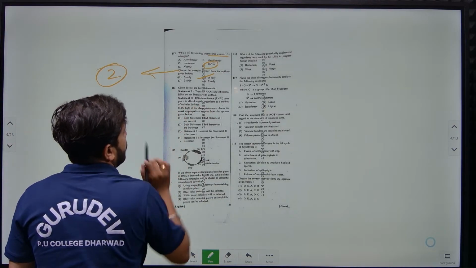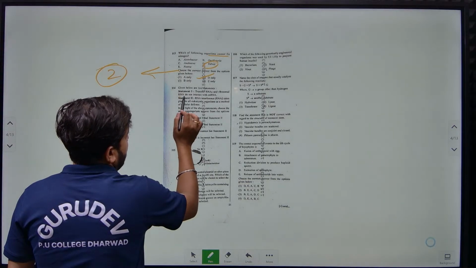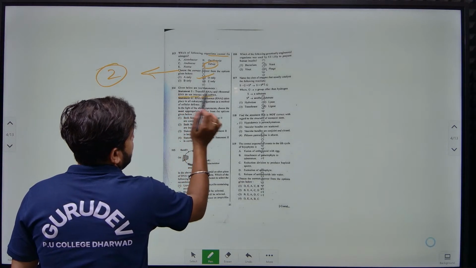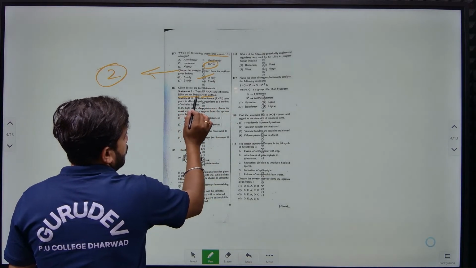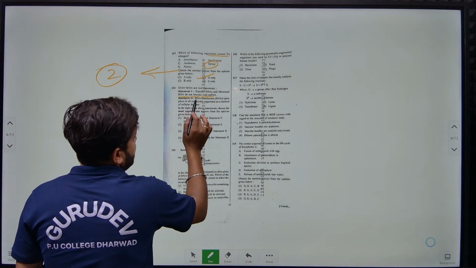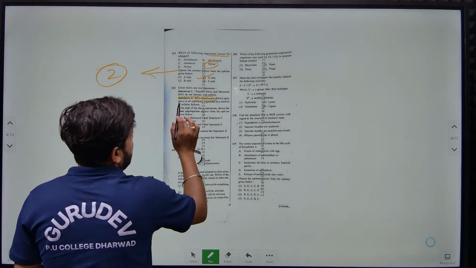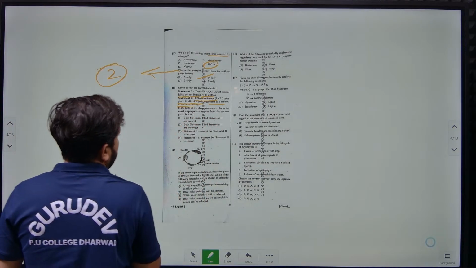Then given below are two statements. Transfer RNAs and ribosomal RNA do not interact with mRNA. Then statement 2 says RNA interference, RNAi, takes place in all eukaryotic organisms as a method of cellular defense.